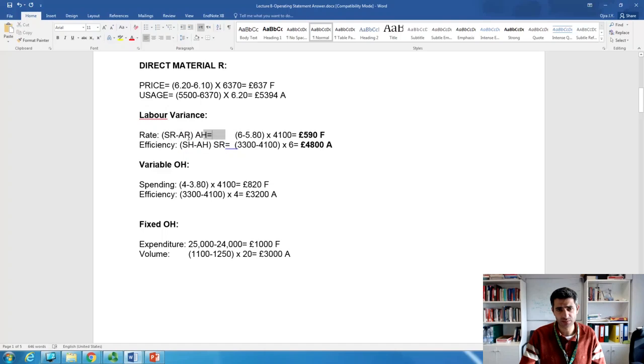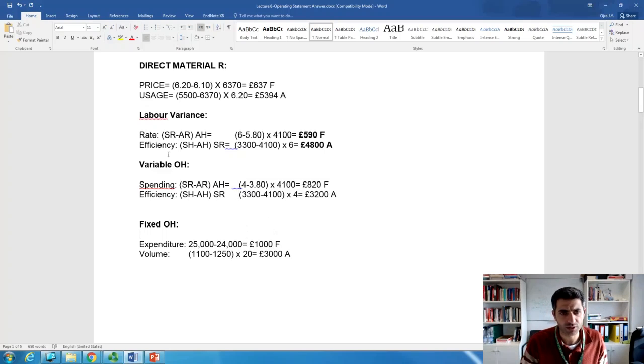For variable overhead spending, we use the same formula as for labor rate, and for variable overhead efficiency, we use the same formula as for labor efficiency.